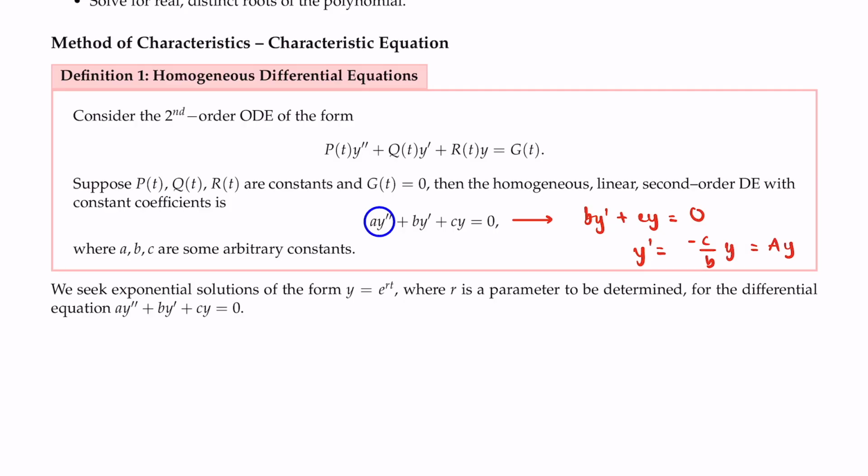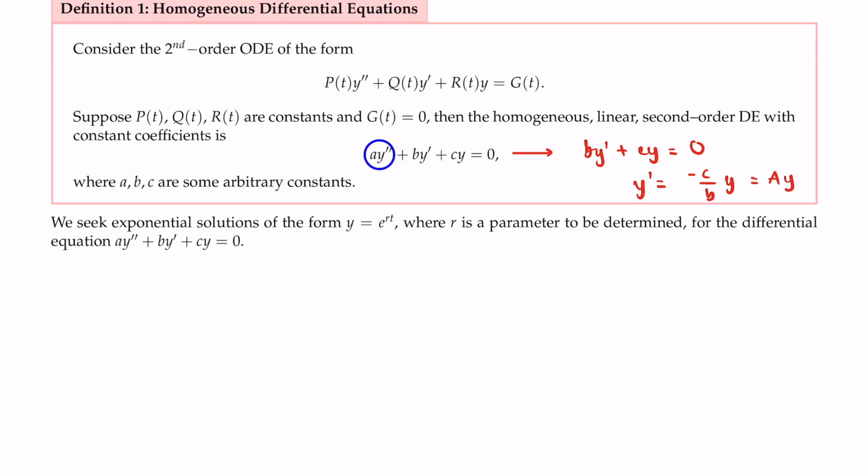So we assume, let's try an exponential solution of the form y equal to e to the rt, and depending on the value of r, we will have different scenarios. Now, e to the rt is a trial solution, and there's a very special thing about exponential functions: when you take the derivative, e to the rt stays the same for the first derivative, second derivative, or any derivative for that matter.